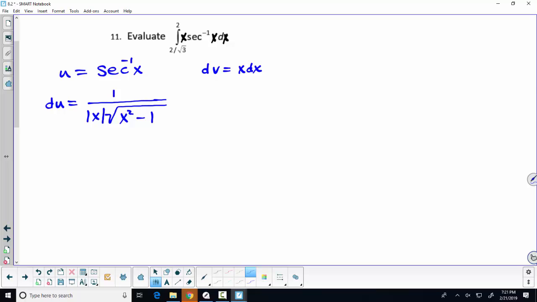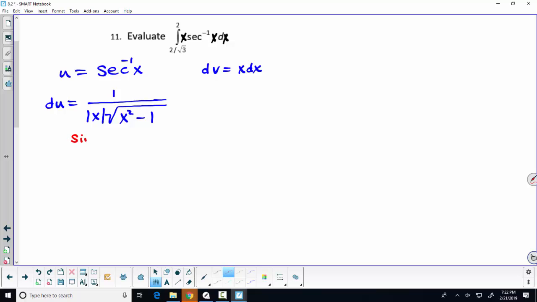All right, so can we leave or do we have to leave the absolute value in? Where is X in this problem? Yeah, between a positive value and a positive value. So X is always positive.